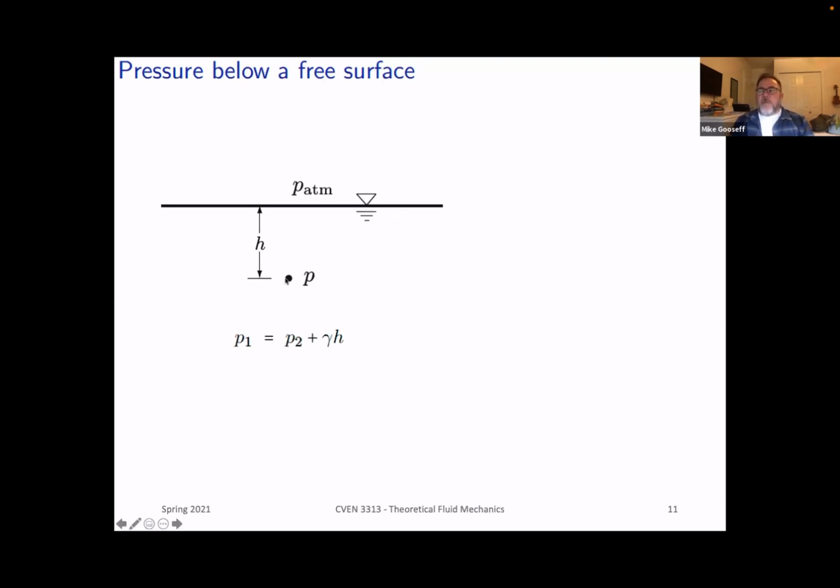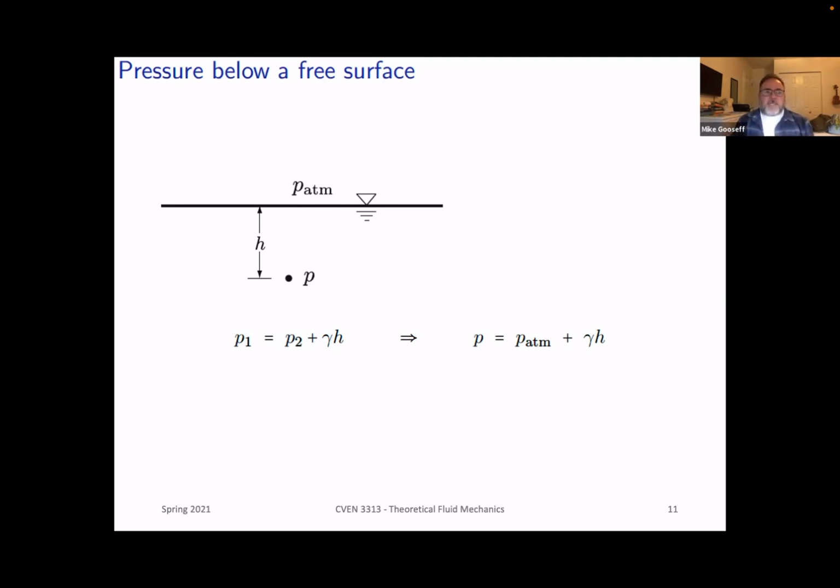And the pressure at this point, we say that P1 in general is equal to P2 plus gamma times H. In other words, the pressure at this location underneath the surface is equal to the pressure coming down from above, from the atmosphere. This is a pressure we don't really feel. When you're sitting around, you don't feel the air pushing down on you, but there is a true pressure there.